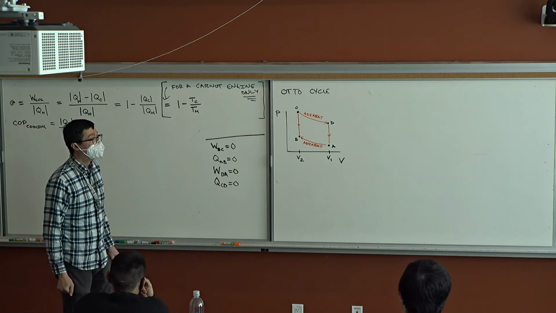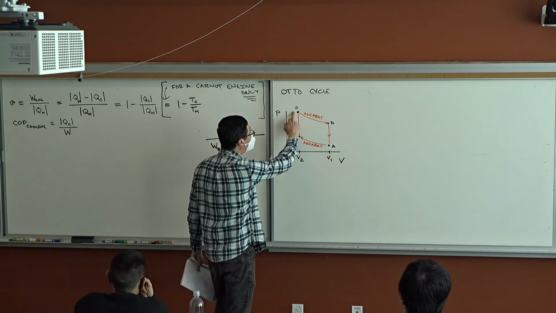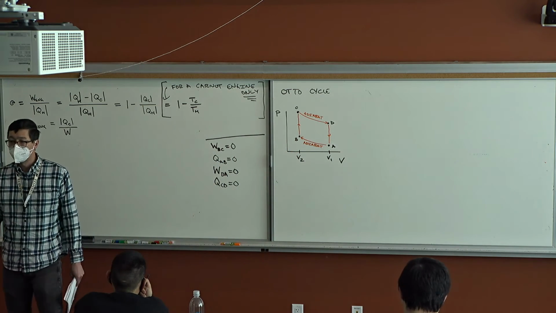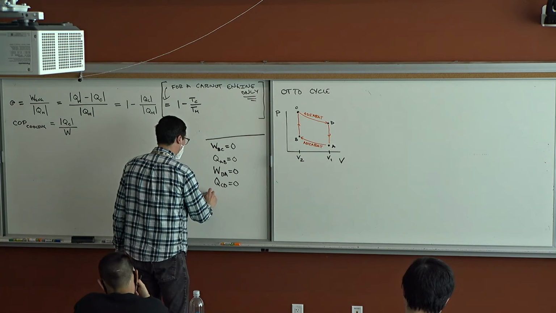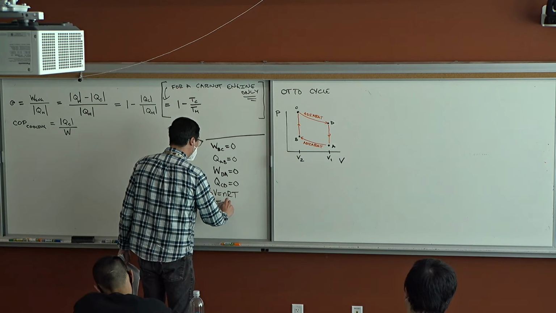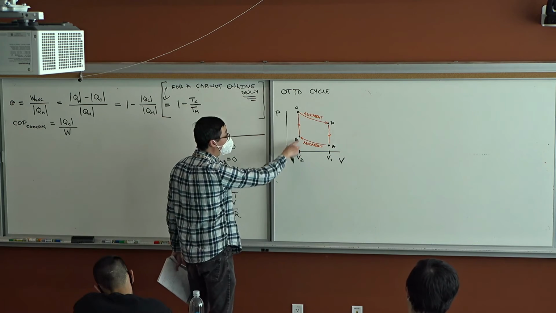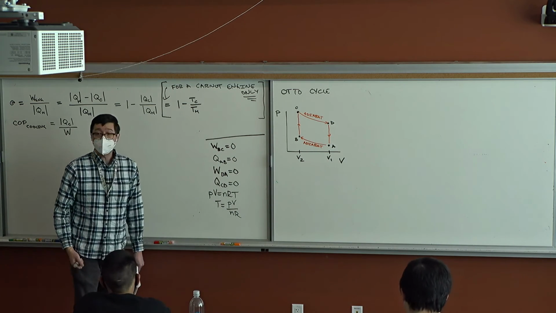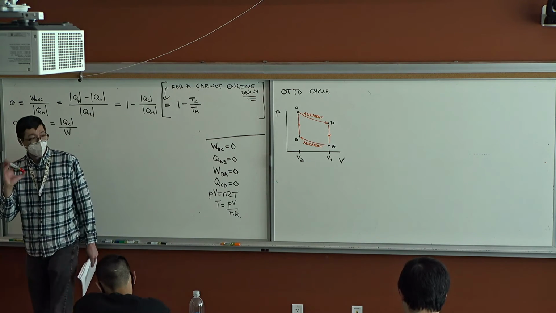So C has a higher temperature than B, yeah? Does that make sense? One way that you could see that is PV equals nRT, so T goes as PV over nR. They have a common volume, right? But C has a higher pressure than B. Does that work?